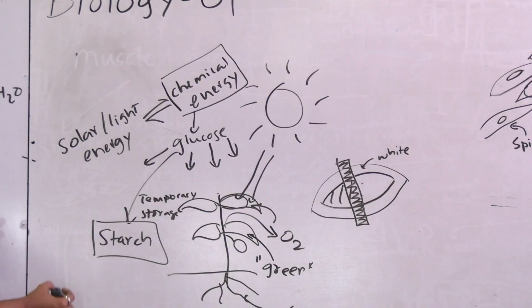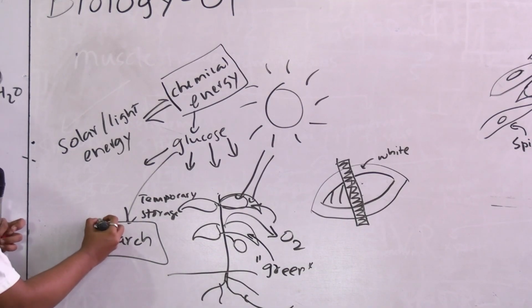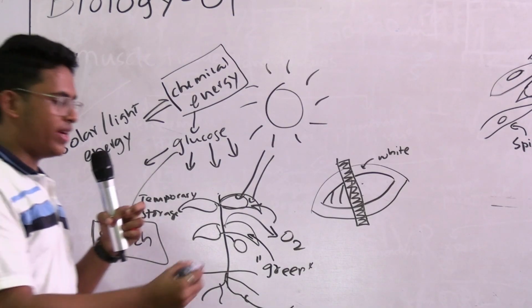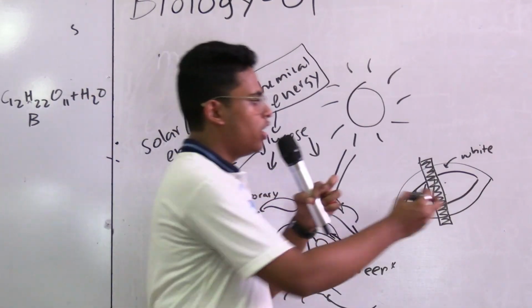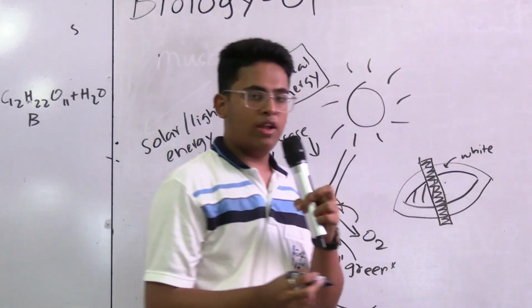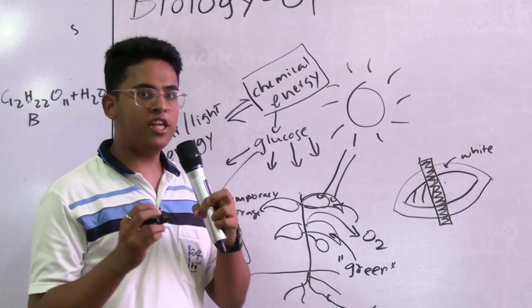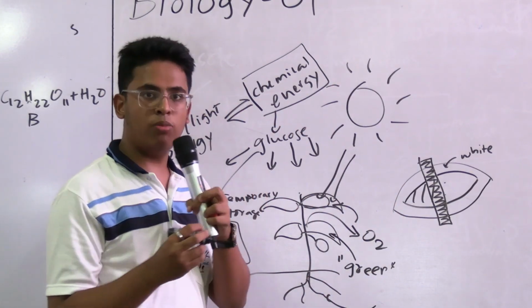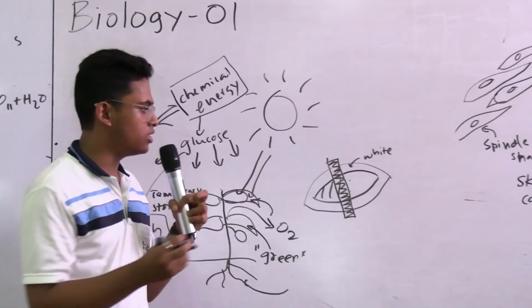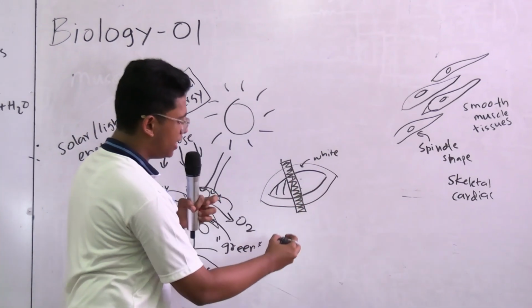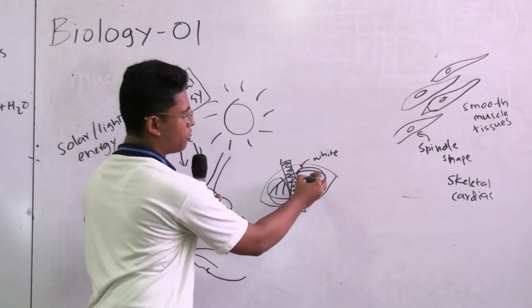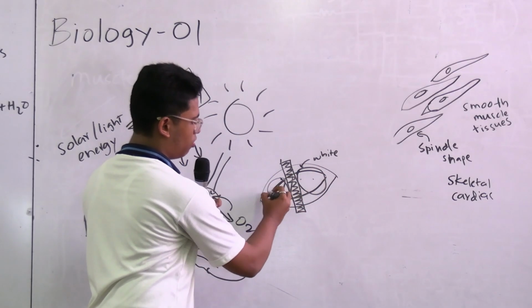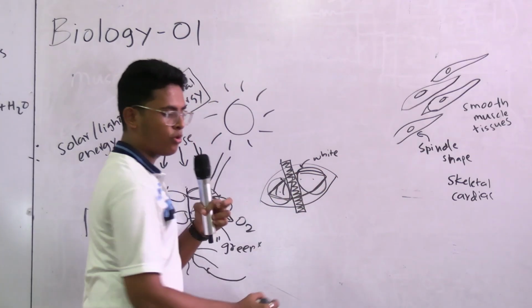And what's the next thing? We know that the end product of photosynthesis is stored as starch in the leaves. So how do you test for starch? You add iodine, which is brown normally, and it will give a blue-black color when it reacts with starch. So in this leaf, only this part and this part can carry out photosynthesis and produce starch.